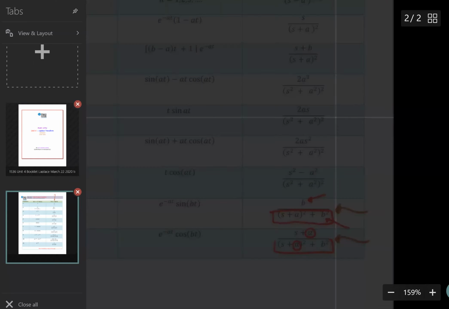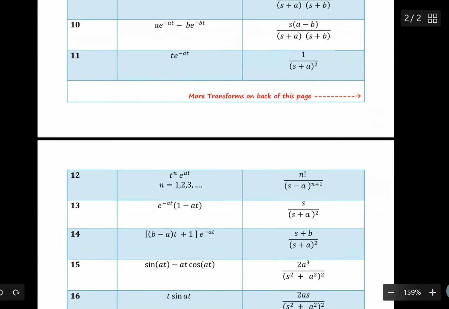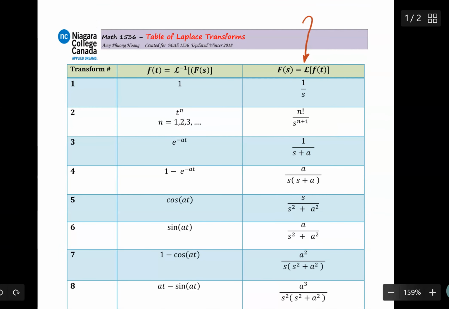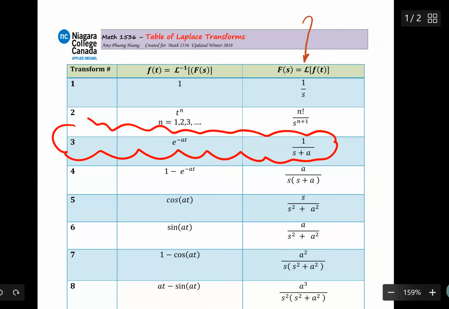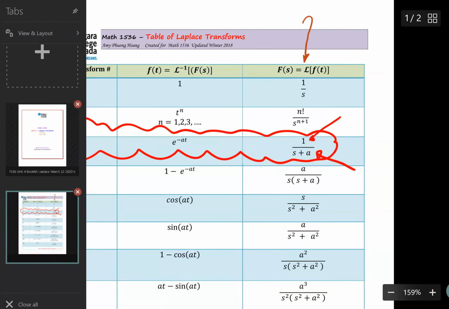So let's go to our Laplace transform table. I can see that I need to use transform number 3, because as the denominators you have s plus a, and here you need 1.